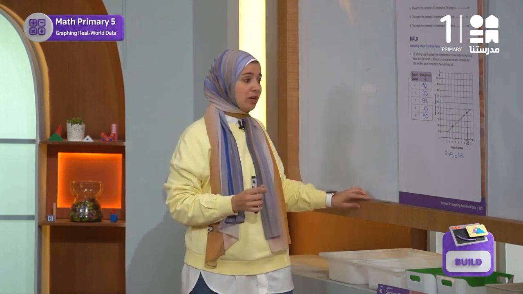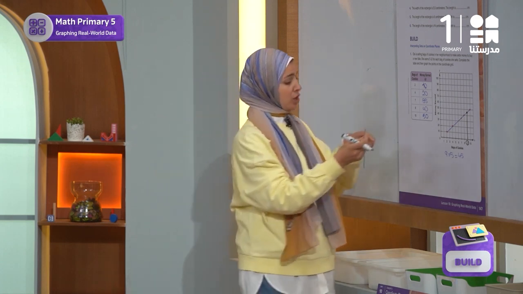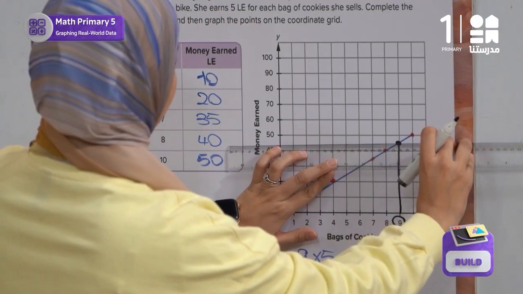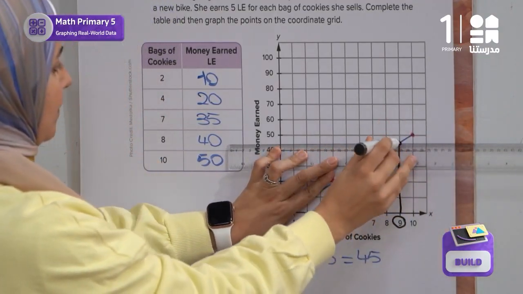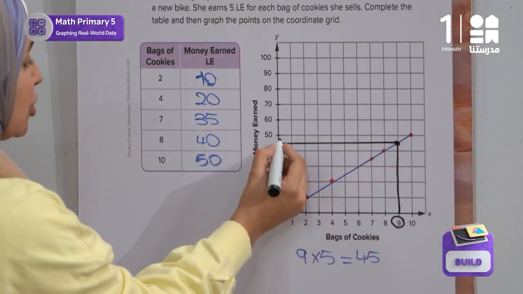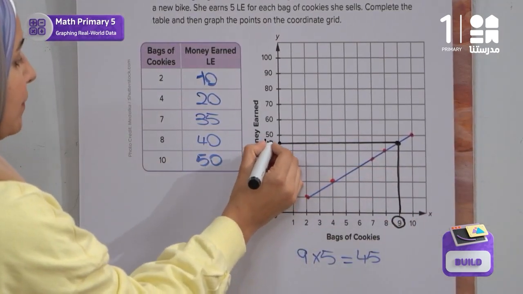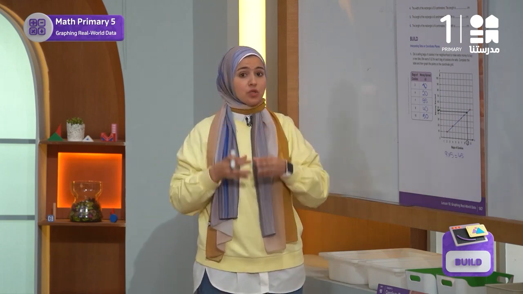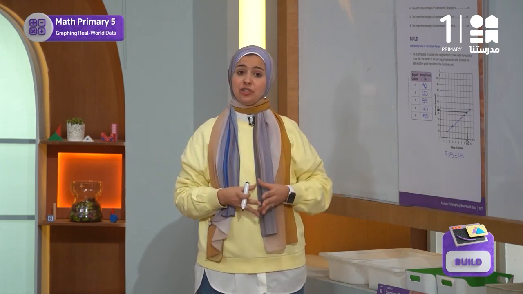Let's do it with the ruler because it's a little bit far. So I'm going to do it like this. And we will reach the number which is over here, which is again 45. Why? Because it's the number in between the 40 and the 50, so it's 45.